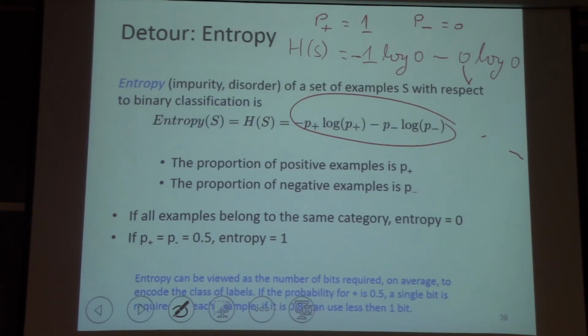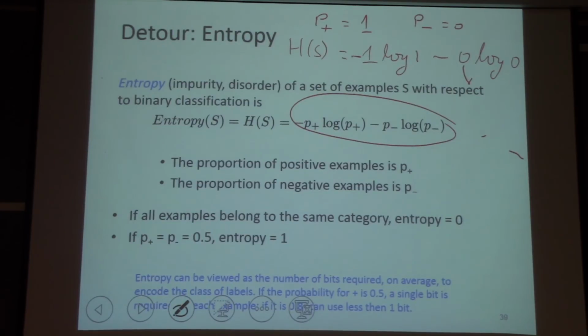And by convention, 0 log 0 we are going to assume is 0, so both of these become 0, so the entropy is 0. The way to think about it is, if p plus is 1, then every example is positive and there is no information there. If it's going to rain every day, you don't need to look at the weather report. You know it's going to rain.